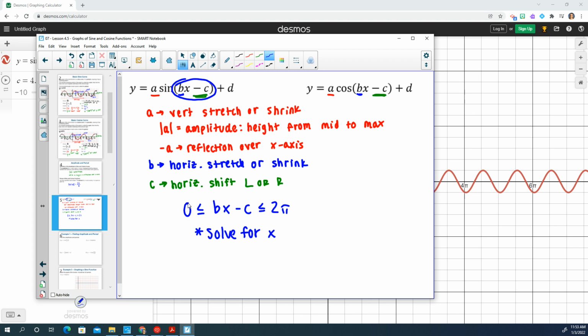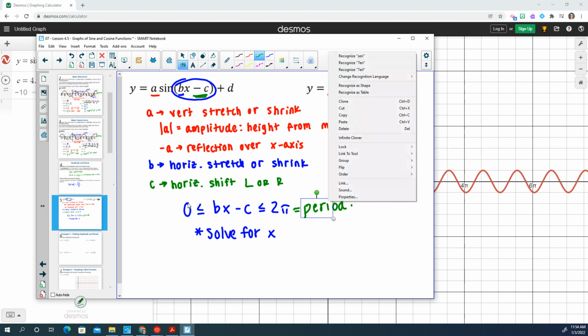This tells you 2 things: where to start your curve, where to end it, and it tells you the period. So this right here is going to give you the period, which is the length of one cycle.